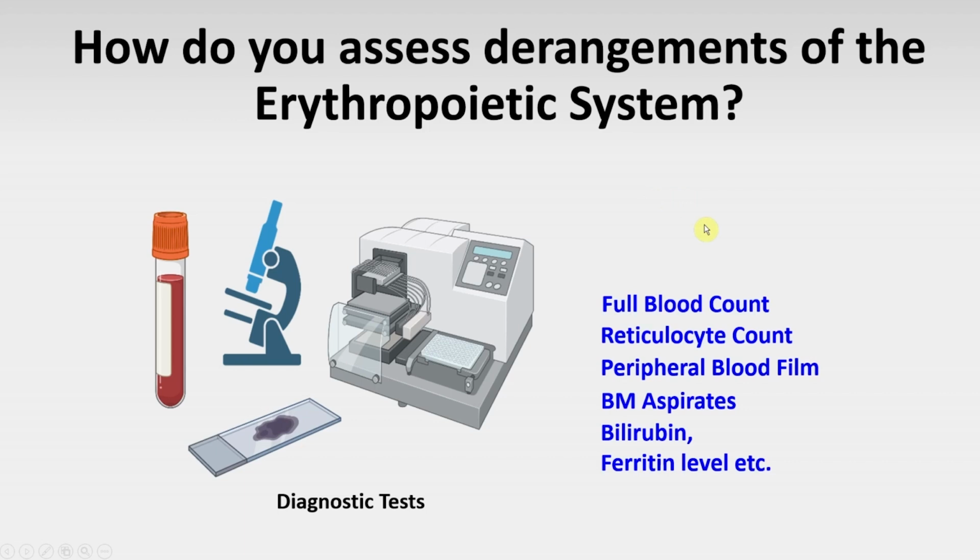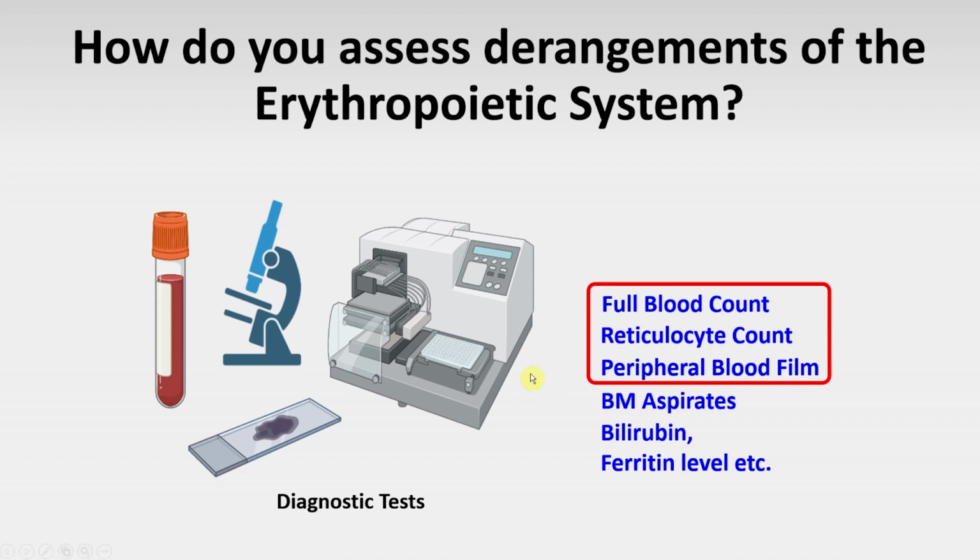For the blood, there is actually a whole range of diagnostic tests available today. Full blood count, for example, is a common one. We have also reticulocyte count and the peripheral blood film. These top three are the diagnostic tests that we will be focusing on for this particular recorded session.